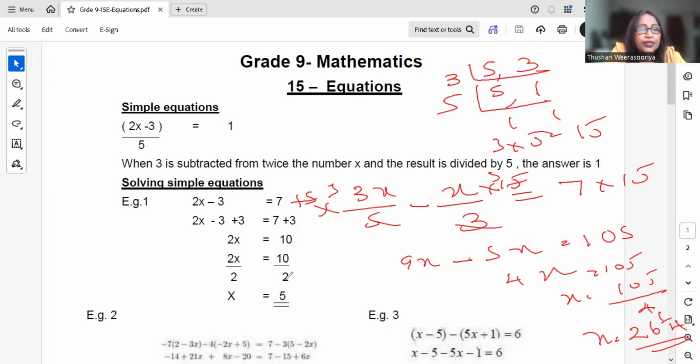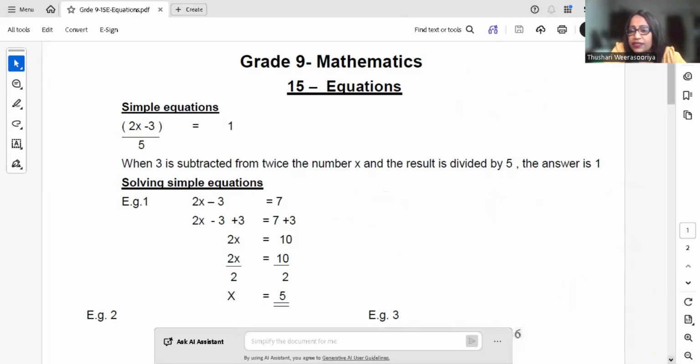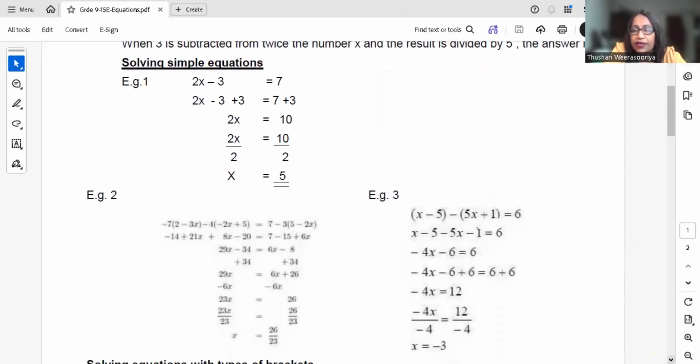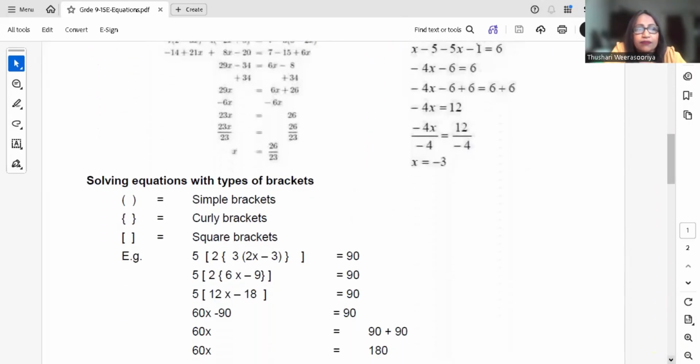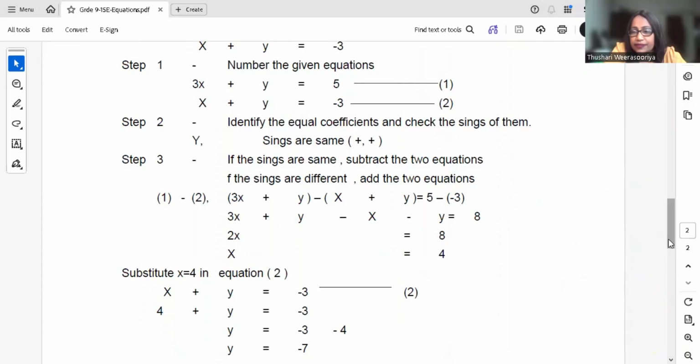We'll move on to the second type of equations, that is simultaneous equations. Right? Some people say it one way, some another. I prefer to read that as simultaneous.